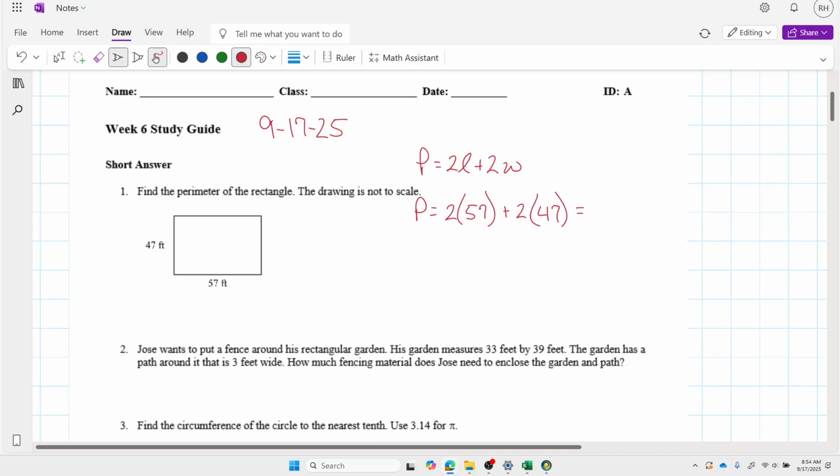So do it in your calculator, please. Anybody? $208, and that's in feet.